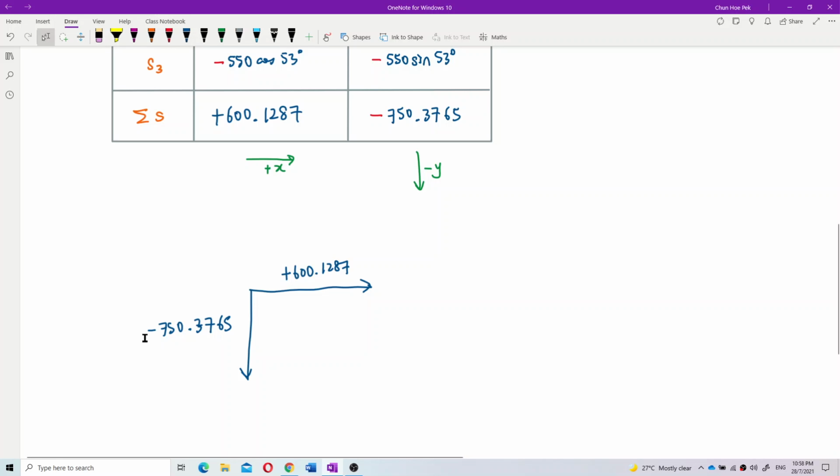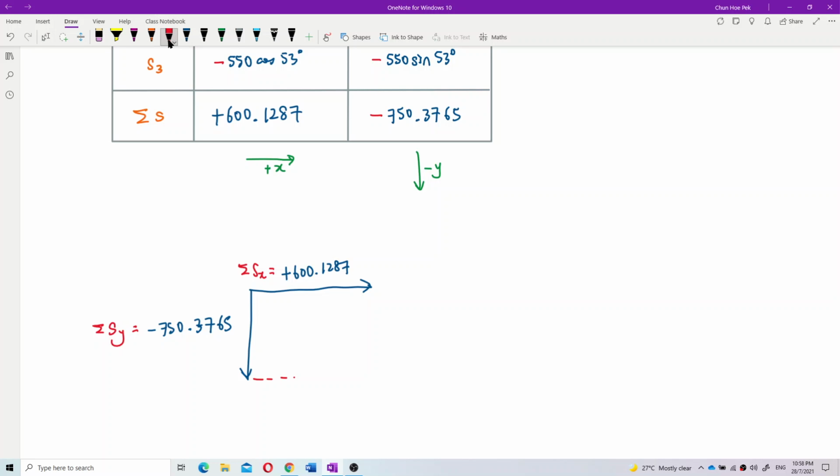So this is our resultant. We can say that this is the total displacement in x, and this is the total displacement in y. This is the total x component and this is the total y component. So what is our resultant?